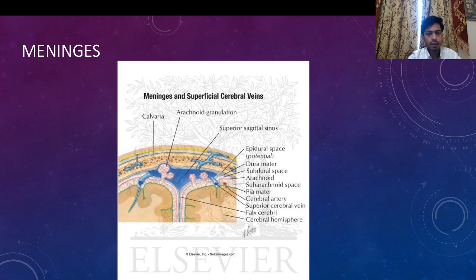So the next topic is the meninges. The meninges, or the leptomeninges, as you might read in some books. Some books say meninges, some say leptomeninges. What is the meninges? So the meninges is essentially the pia mater.